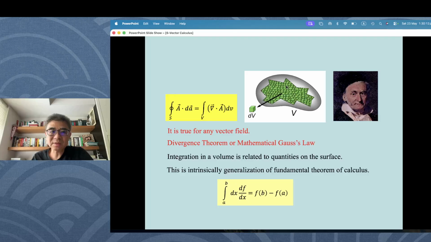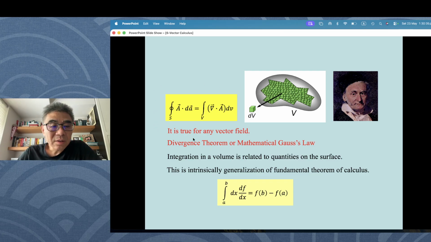It is tremendous mathematically because, again, let me emphasize, it is true for any vector field. So on this page, I changed the notation from E, which indicates an electric field, to A, any vector field. It's a theorem applied to any vector field.